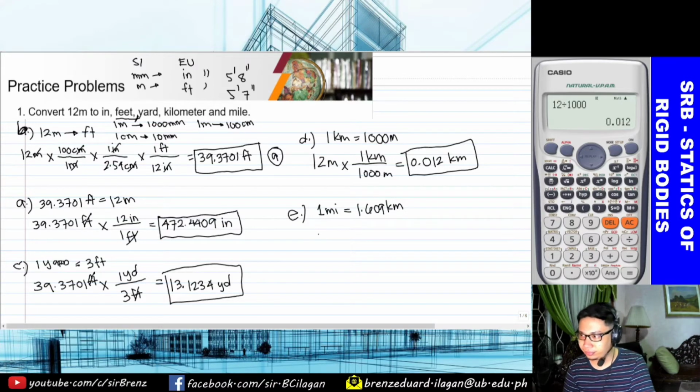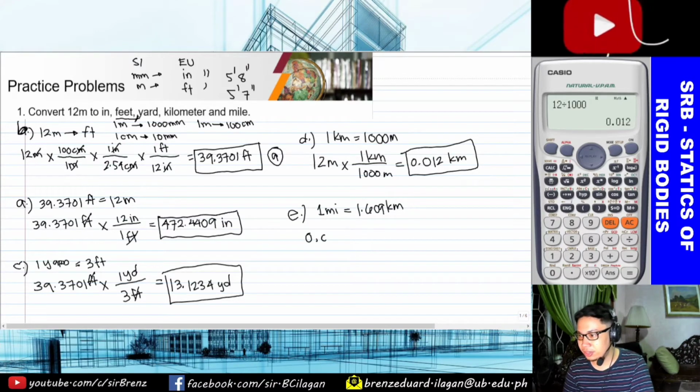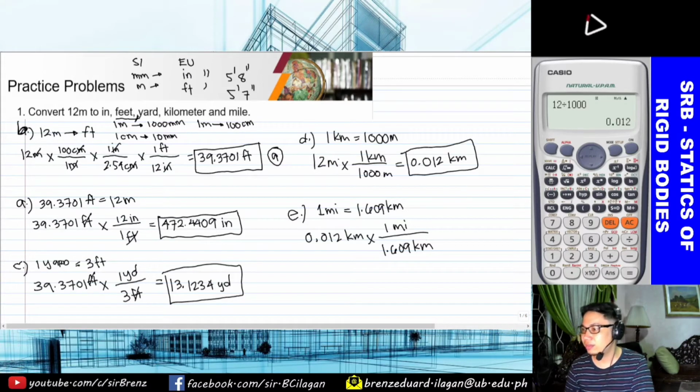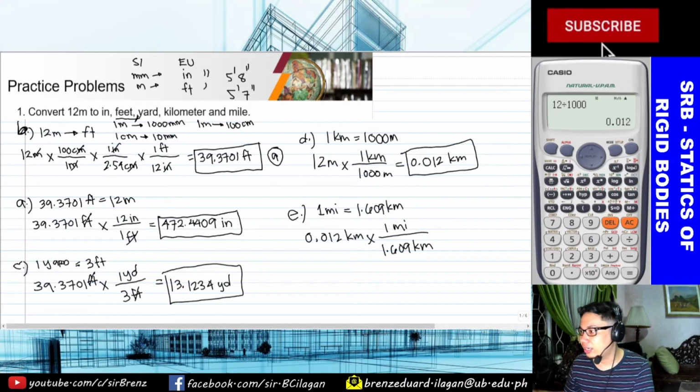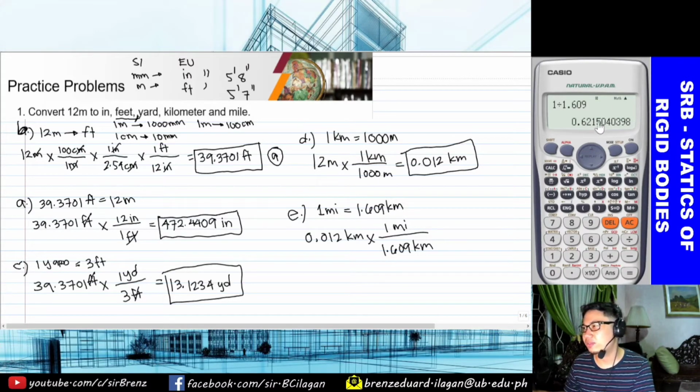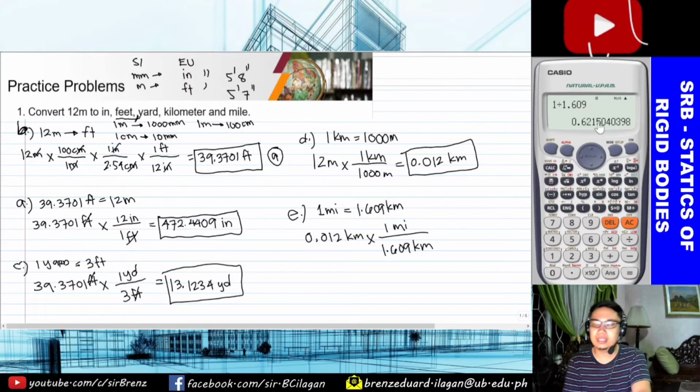So, with our 0.012 kilometers, you can convert it using this conversion: 1 mile divided by 1.609 kilometers. Let's check: 1 divided by 0.6214, I think. Ah, 6215, but I remember 6214.